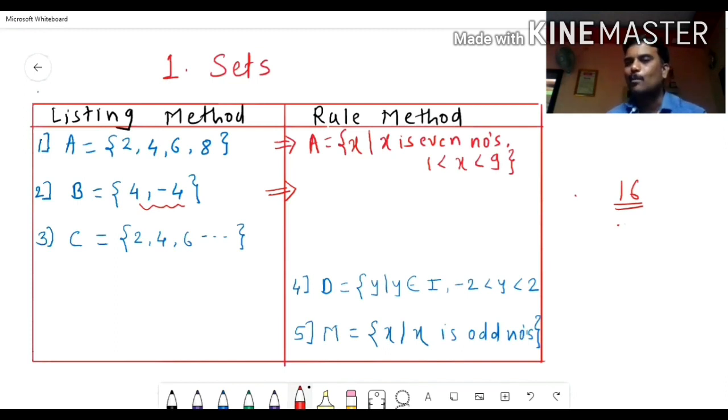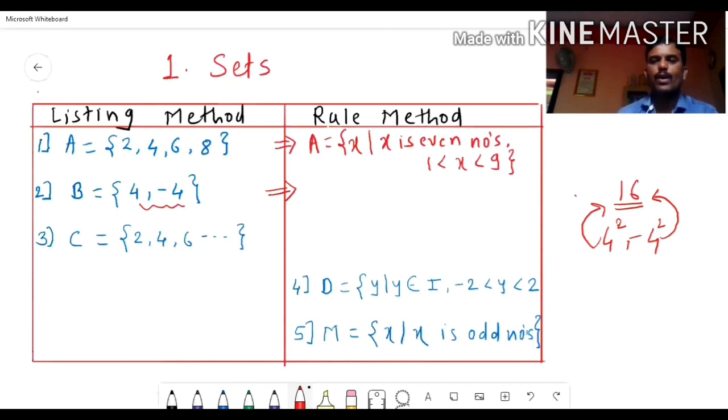It will become 4 and minus 4, because the square of a positive number is positive, and the square of a negative number is also positive. So the square of 4 is equal to 16, and the square of minus 4 is also 16. So it is a square root.